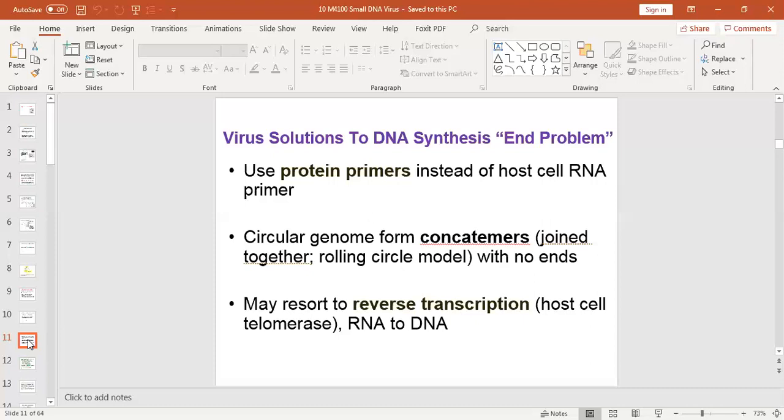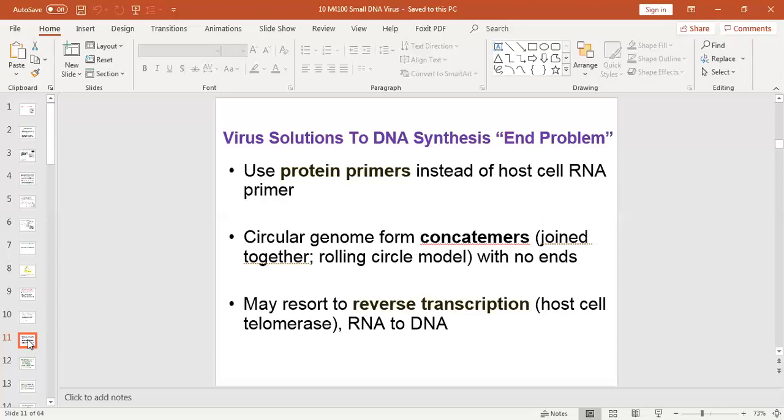The first solution is that instead of using RNA primers, we use protein primers. The second solution: remember we said that the end problem is the inability of DNA to replicate at linear DNA molecules, which is usually towards the end.